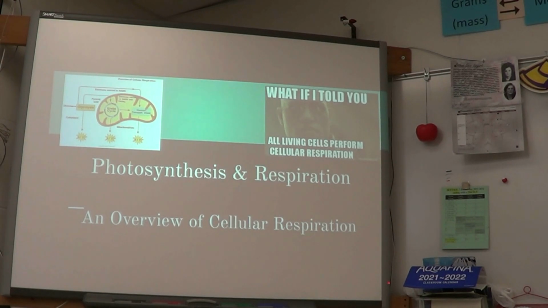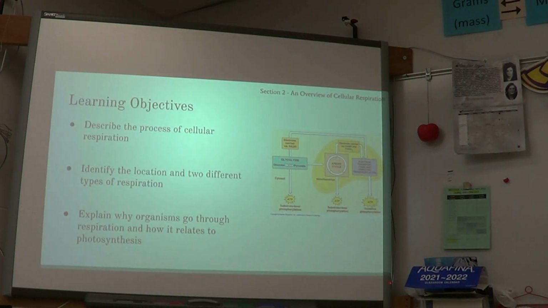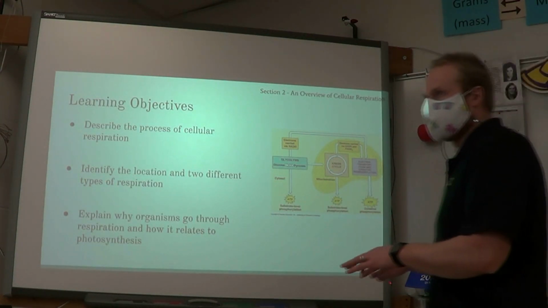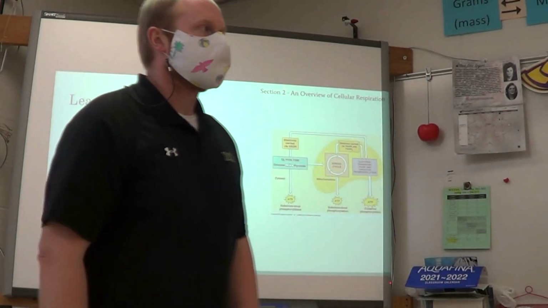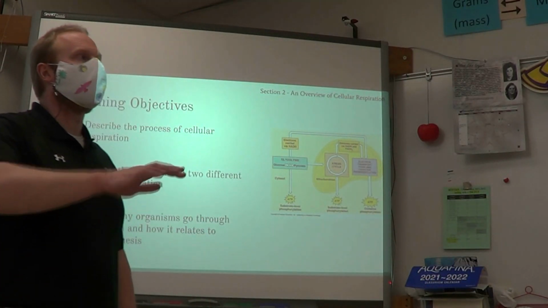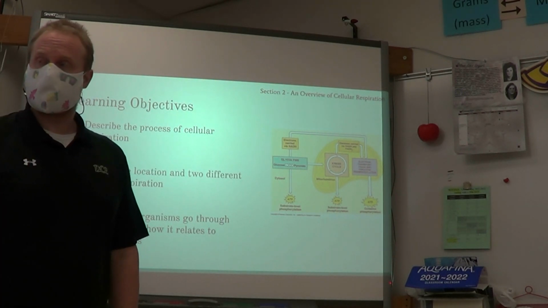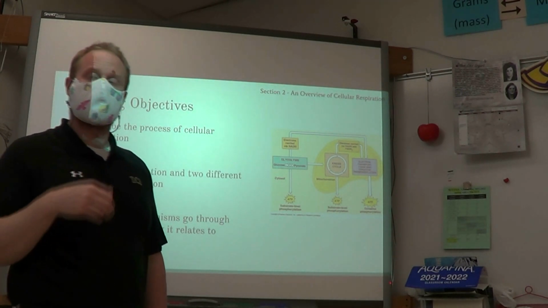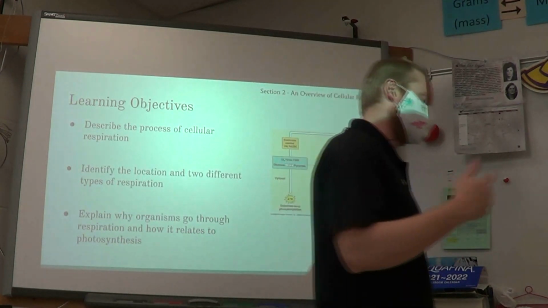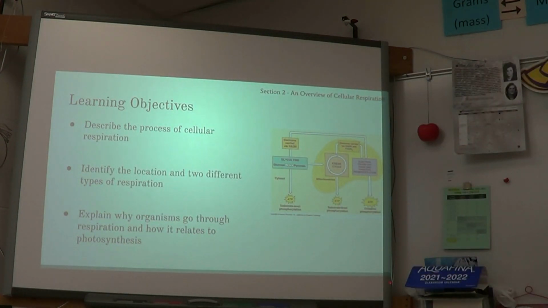A lot of times when we think of cellular respiration and photosynthesis, we think of plants with photosynthesis and animals with cellular respiration. But all living things, including some bacteria, algae, and plants, go through cellular respiration, which means they require oxygen.